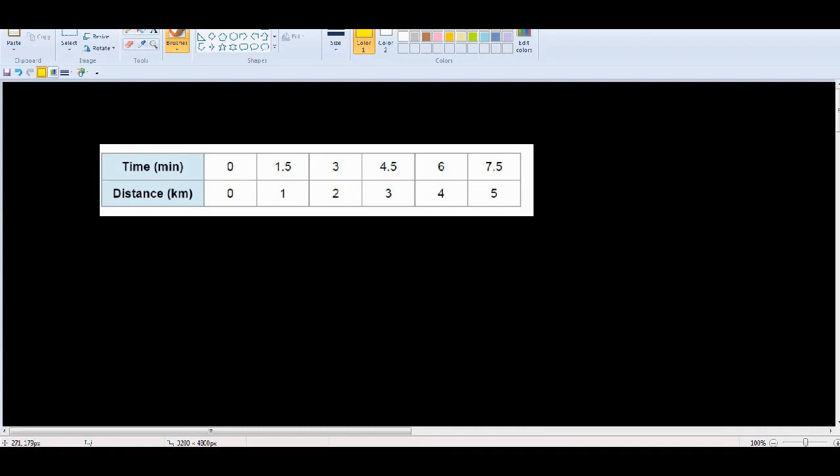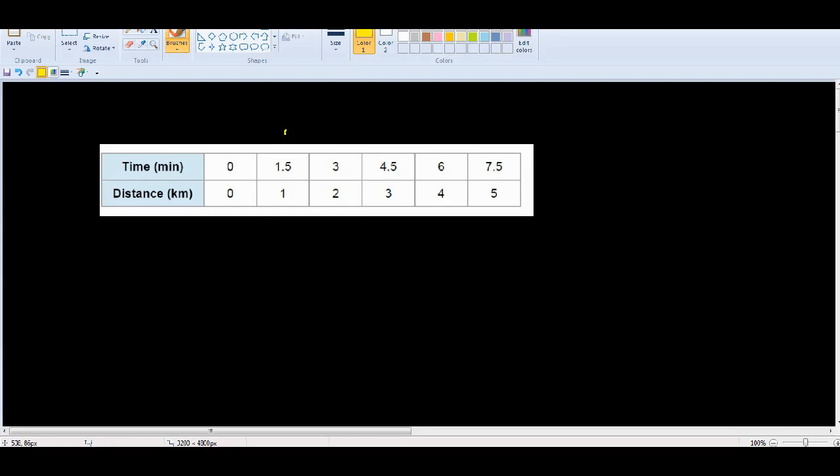For example, we understand that if we see something like time and distance, you will see that when the time changes, the distance will be changed by the same factor. That's what we call the double line method.